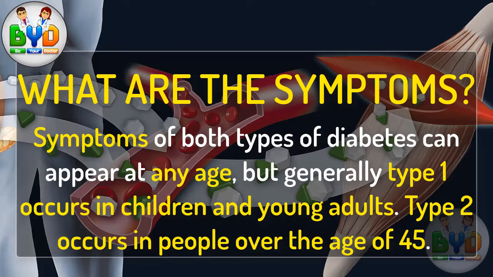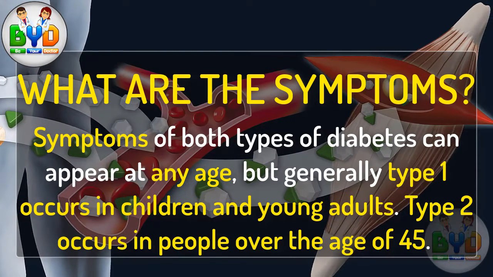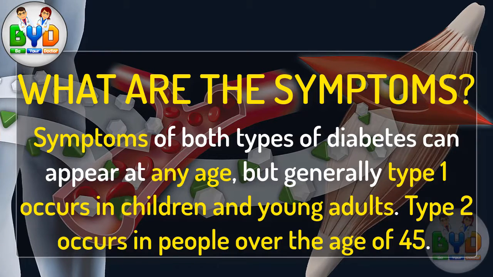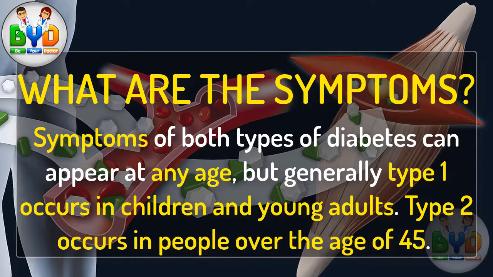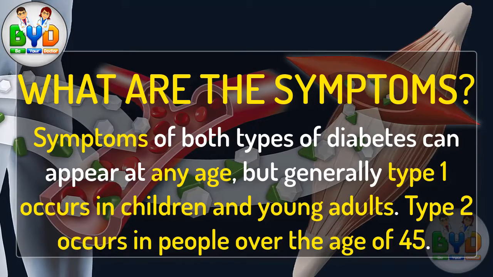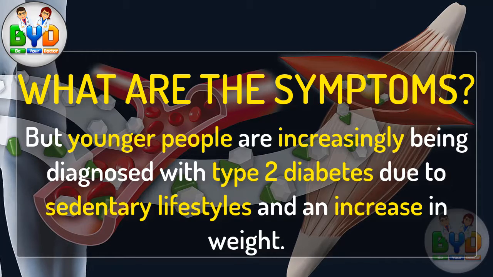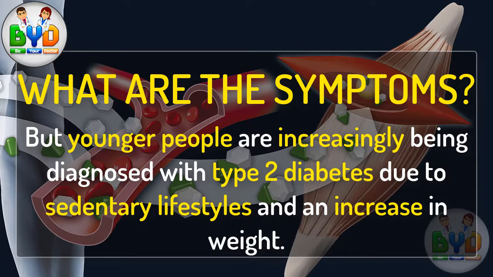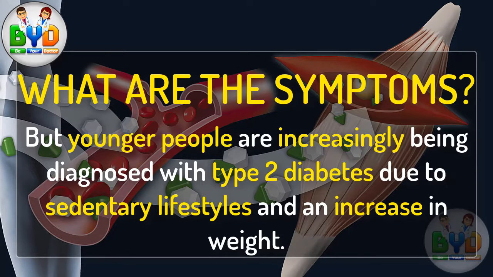Symptoms of both types of diabetes can appear at any age, but generally type 1 occurs in children and young adults. Type 2 occurs in people over the age of 45. But younger people are increasingly being diagnosed with type 2 diabetes due to sedentary lifestyles and an increase in weight.